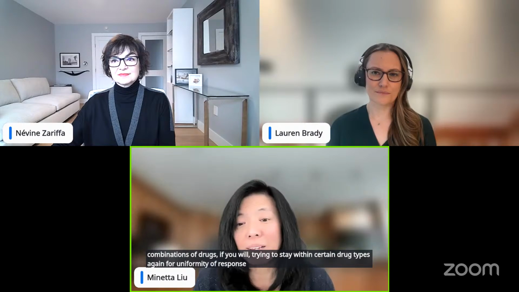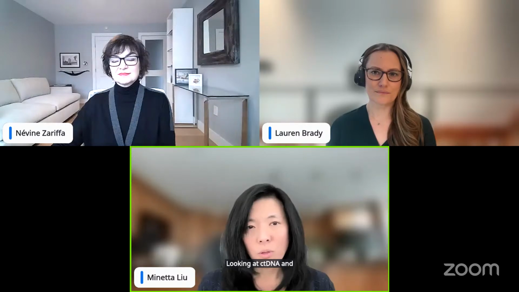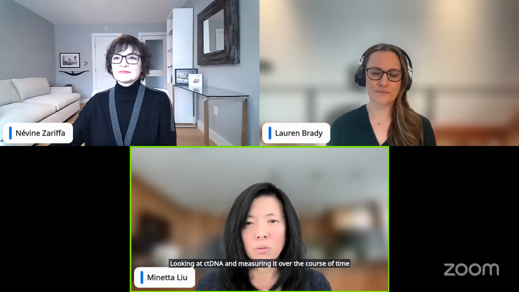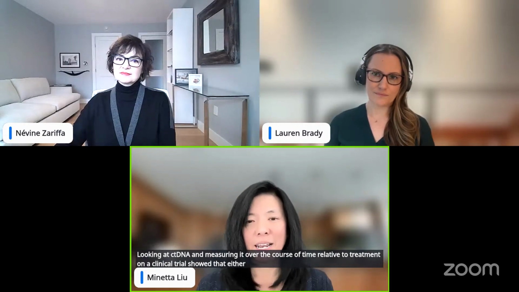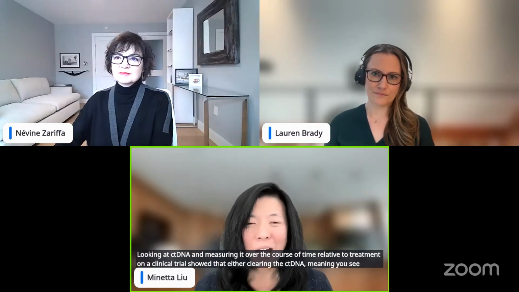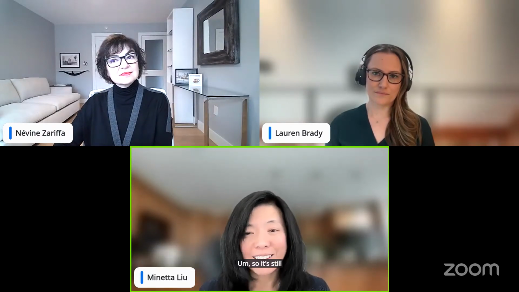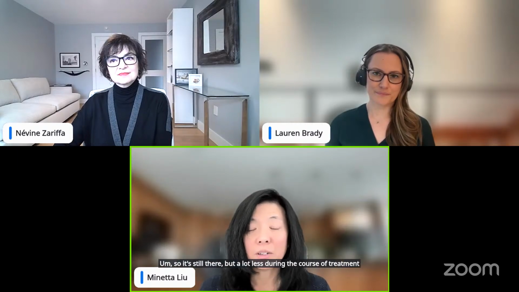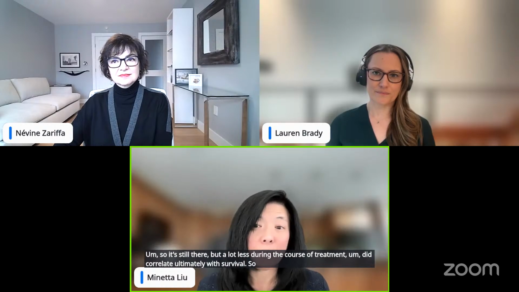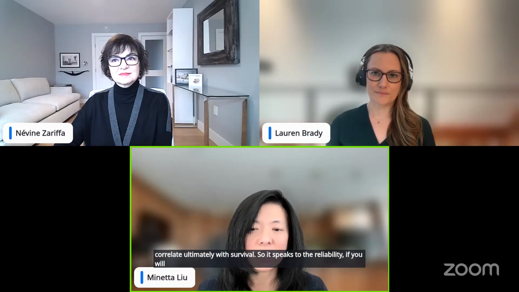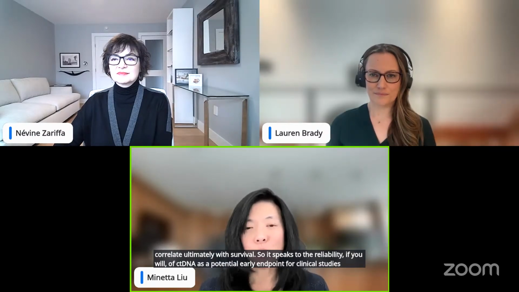And the bottom line is that measuring ctDNA over the course of time relative to treatment on a clinical trial showed that either clearing the ctDNA, meaning you see it and then you don't, or a decrease in levels, so it's still there but a lot less during the course of treatment, did correlate ultimately with survival. So it speaks to the reliability of ctDNA as a potential early endpoint for clinical studies. So this will help us to move forward.